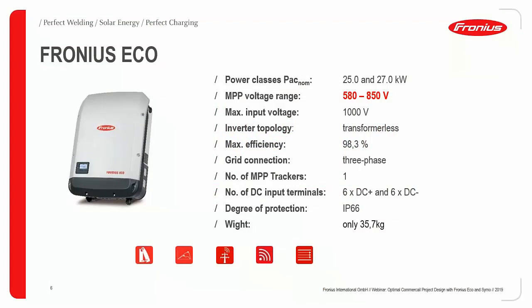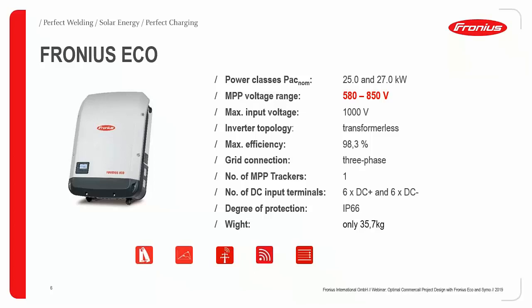Fronius Eco, from the name you can understand, Eco means economical. That means this inverter is more economical to use for your project. Eco inverter comes with two power classes. One is the 25 kilowatt and another one 27 kilowatt.